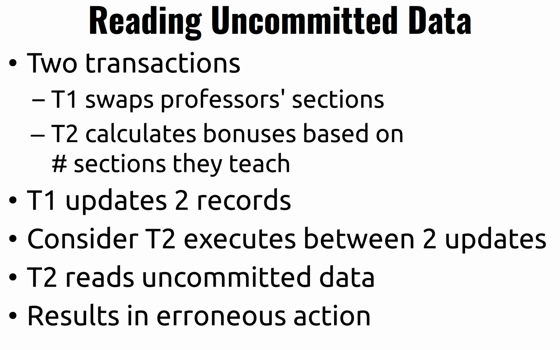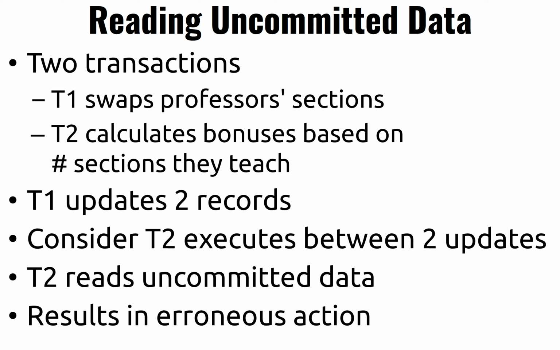So the first transaction is swapping different sections, but a different transaction is also running, calculating our bonuses based on how many sections we are teaching. Transaction one might be updating two different records: my record of how many sections I'm teaching, and your record.